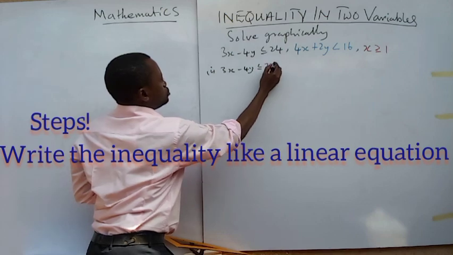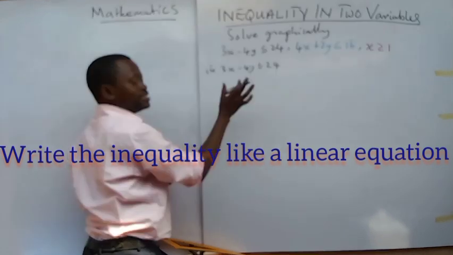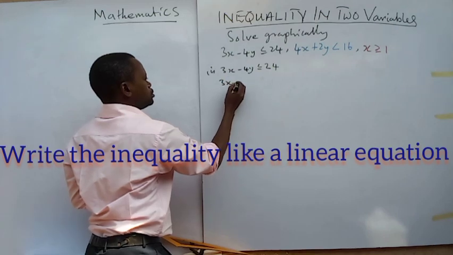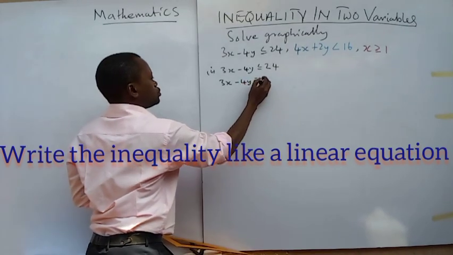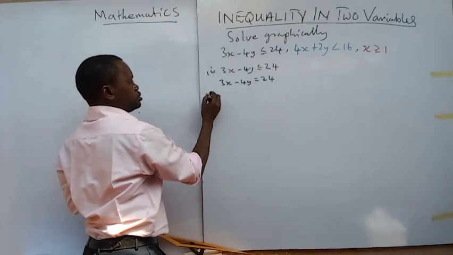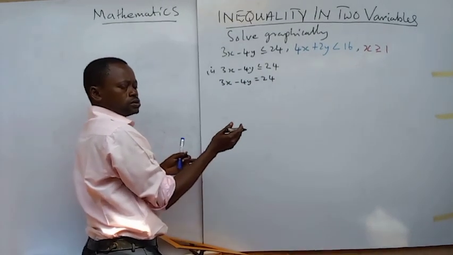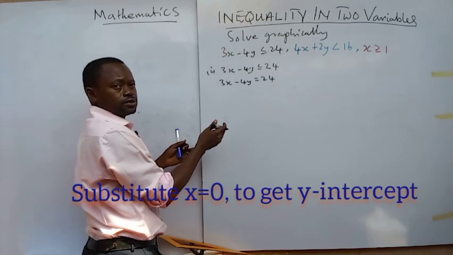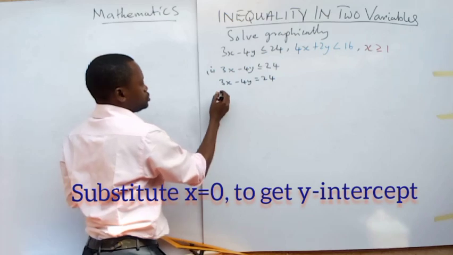The first thing you do is rewrite it as a linear equation: 3x minus 4y equals 24. Then put x equals 0 or y equals 0 to get the y-intercept and the x-intercept.